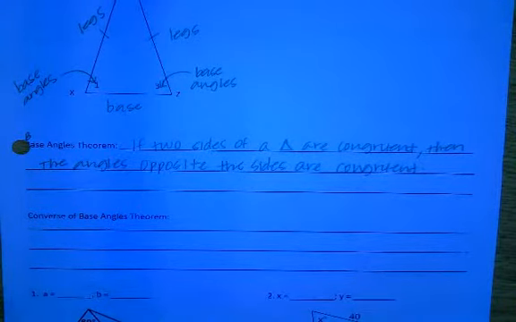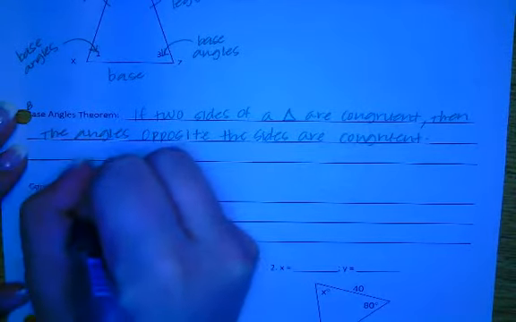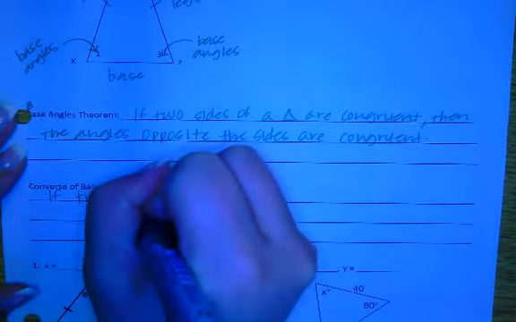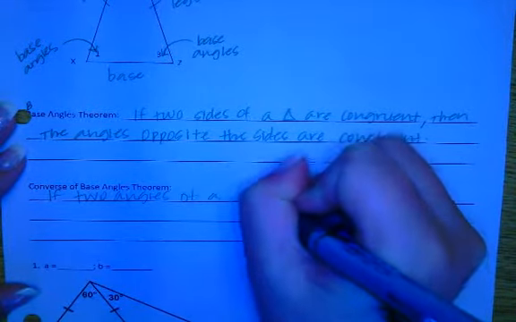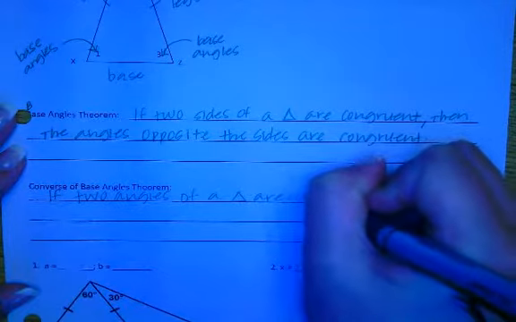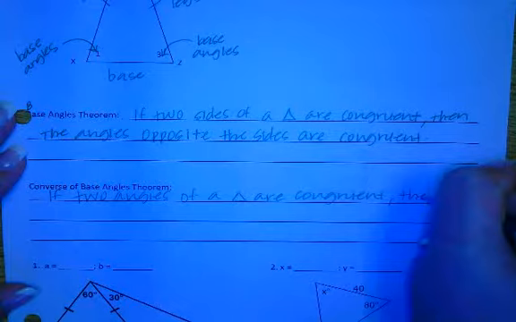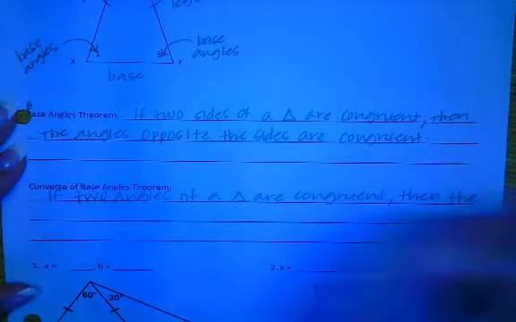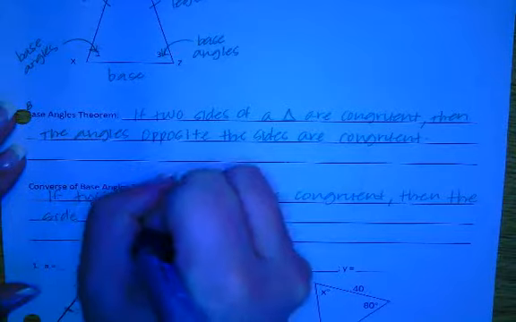The converse of the base angles theorem is: if two angles of a triangle are congruent, then the sides opposite these angles are congruent.